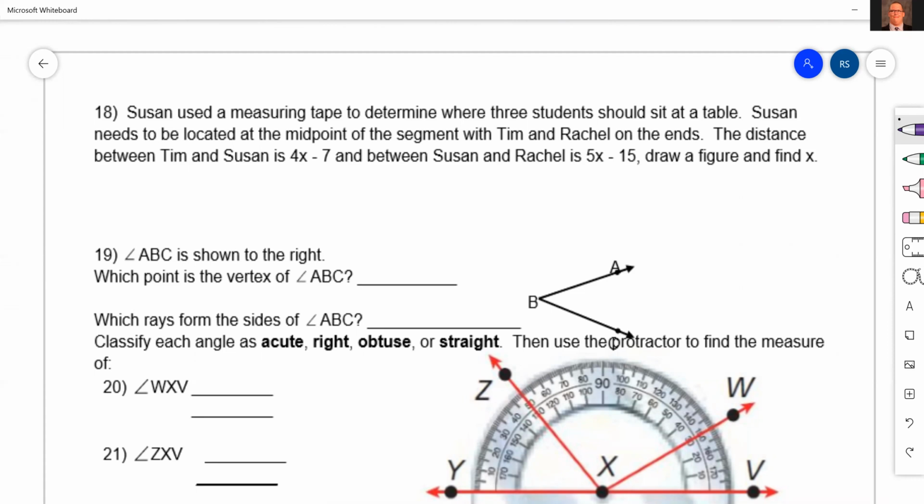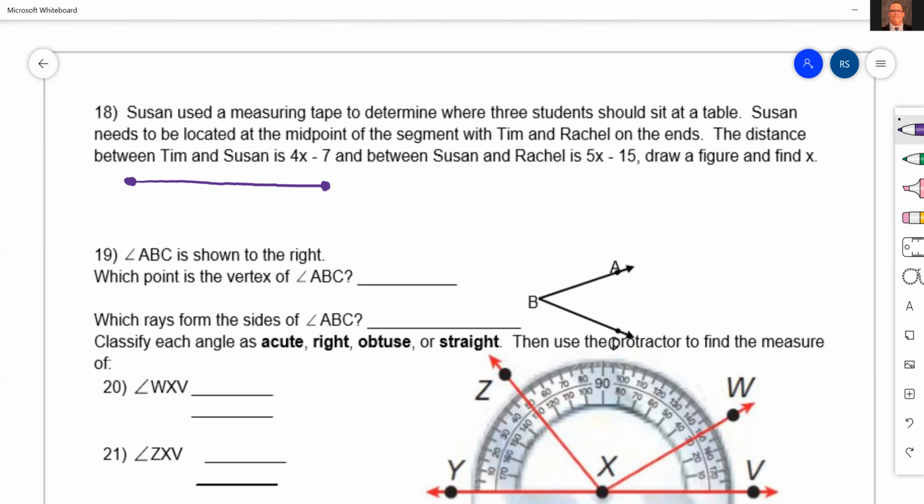If you do it that way, they're much more manageable. So 18, Susan used a measuring tape to determine where 3 students should sit at a table. Well, she's using a measuring tape, so that means we have some kind of line. If you've ever used a measuring tape, you know it comes out in a straight line until it bends because you pulled it out too far.